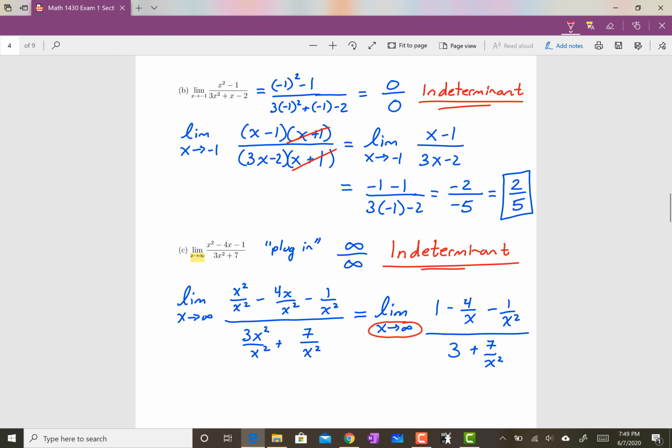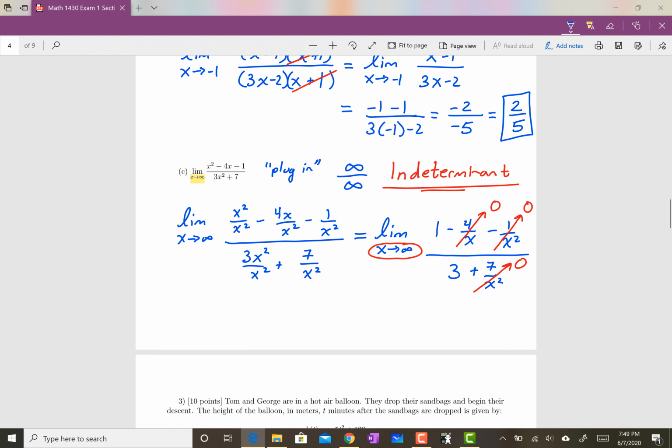Because if we look at our second term in the numerator, 4 divided by a really large number is essentially 0. 1 divided by a really large number is essentially 0. And 7 divided by a really large number is essentially 0. So what does that leave us with? Well, it leaves us with 1 over 3. So our limit would be 1/3.